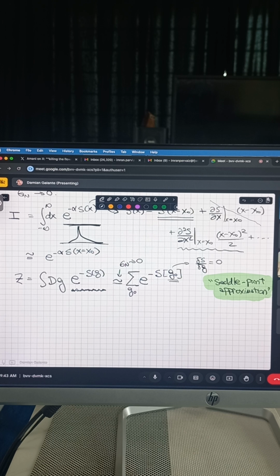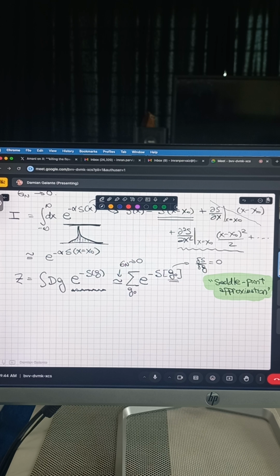If I'm not wrong, I think it is an optimization technique, or not related to optimization. Yes, it is related, because the idea is how to approximate functions like this one. You don't need to know everything about the function in order to approximate this integral.